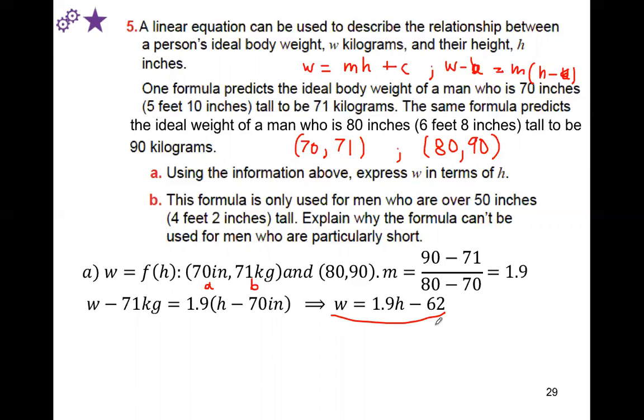Now the question we've been asked for B is: this formula is only used for men who are over 50 inches. Explain why. So we need to understand why this straight line, 1.9H minus 62, can only be used for men who are a certain height.